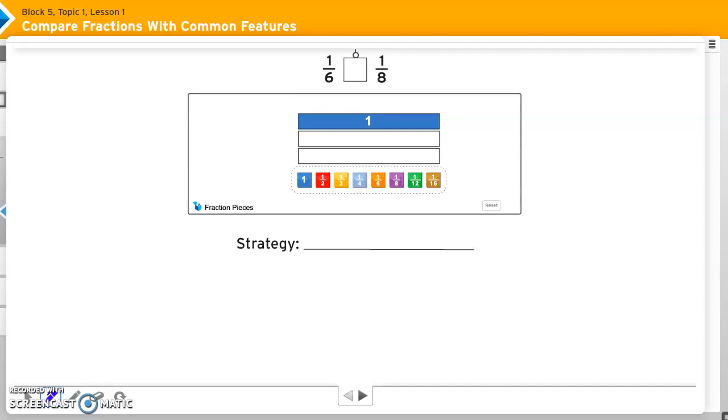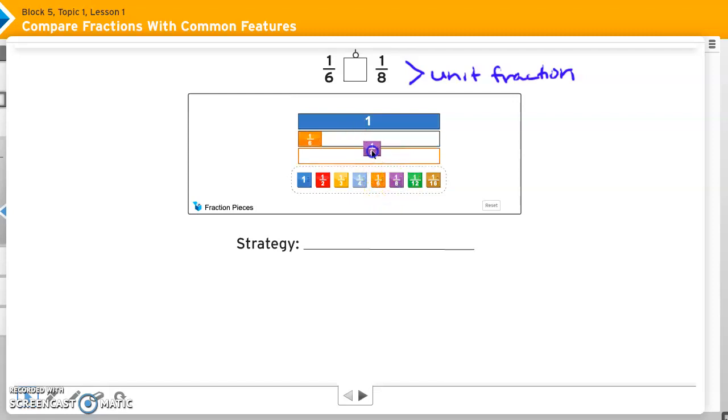You already know how to compare fractions using fraction pieces. Let's look at a comparison strategy we can use when both fractions are unit fractions. So in our vocabulary, you'll remember that a unit fraction has a numerator of 1. So these are unit fractions. Basically, we've got one of the 1/6 pieces and we've got one of the 1/8 pieces.